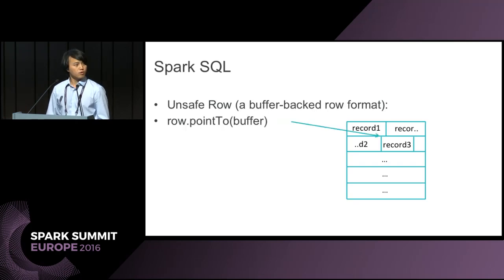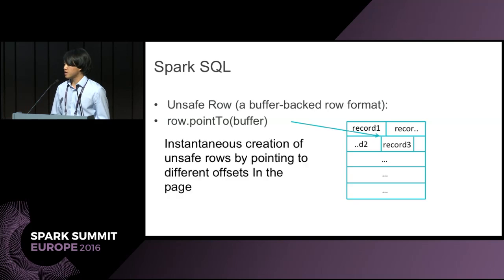And when we iterate over all those records on the memory page, what we can do is just use the same UnsafeRow object, but pointing to different offsets of the records in main memory every time. So it gives you instantaneous creation of different UnsafeRow records.